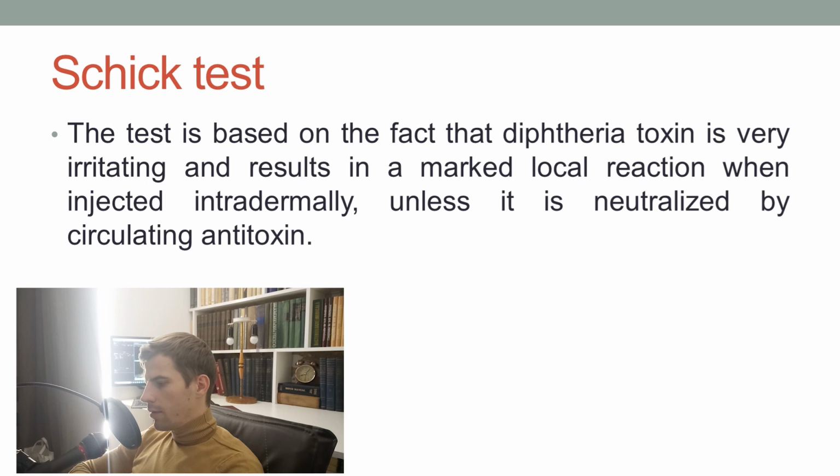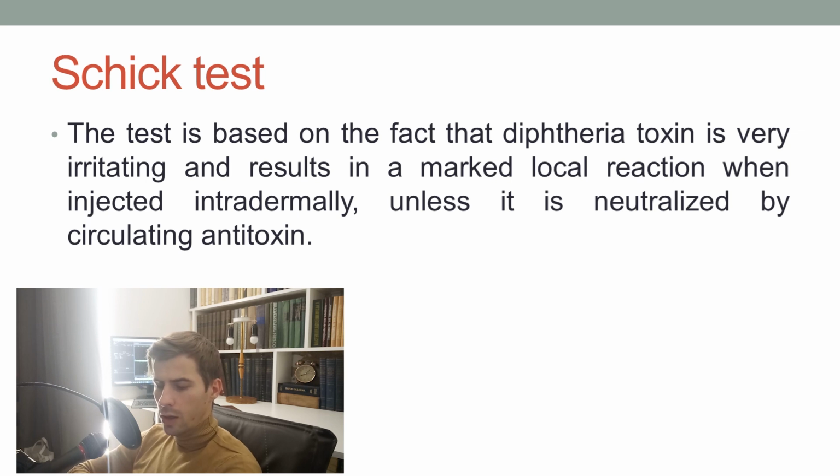The test is based on the fact that diphtheria toxin is very irritating, and from the moment you introduce it by injection intradermally to the patient, it will start producing local irritation, unless the person is immune to this infection, and antibodies in the patient will fight with this toxin and neutralize it.